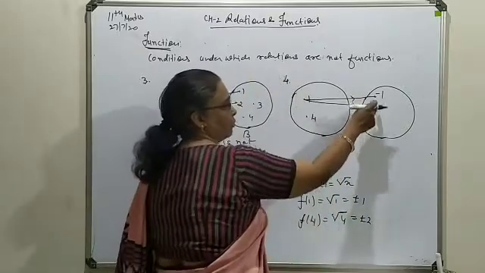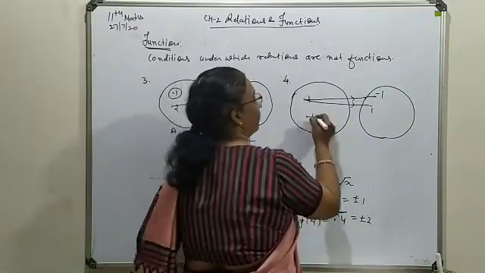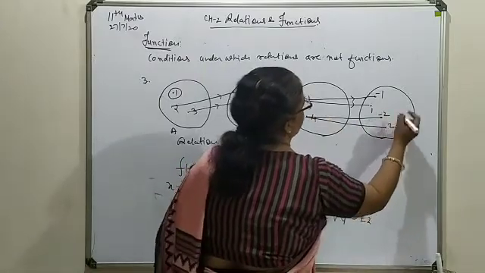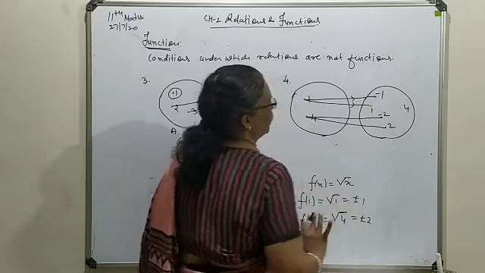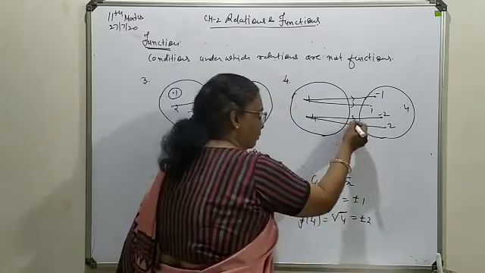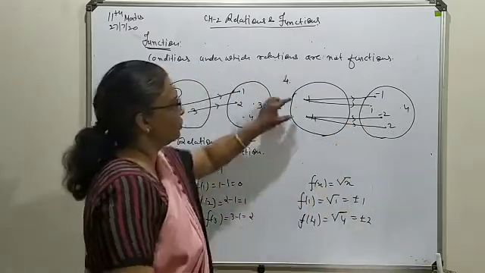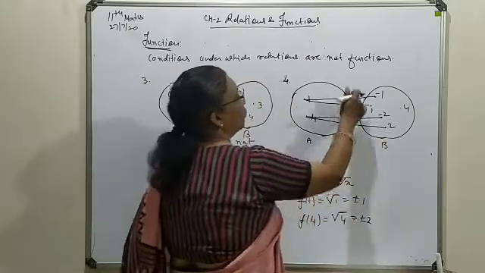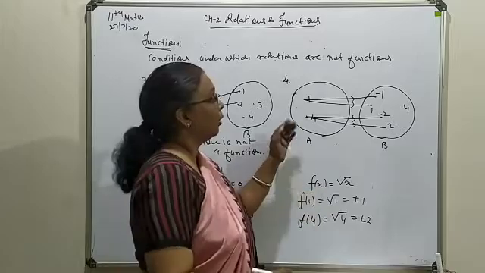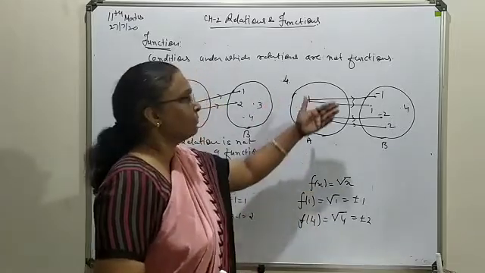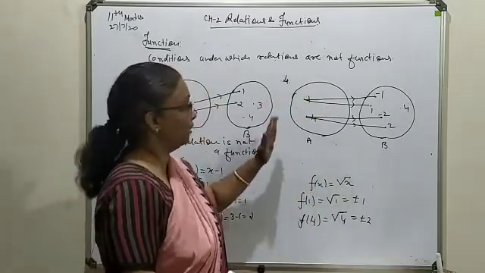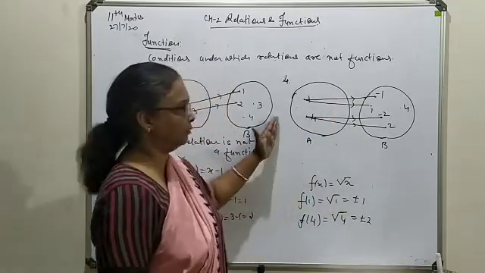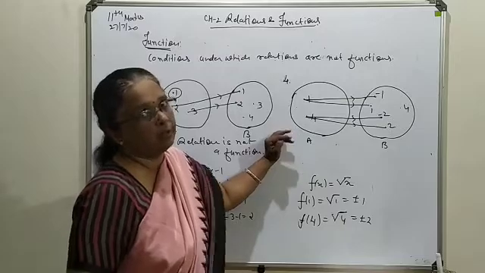So 1 is giving you 2 answers; for 4 you are going to write, again you have 2 answers, minus 2 and plus 2, and there may be more present over here. So if you have this type of correspondence in which a single element in set A gives you more than one solution or more function values in set B, this is a one-many correspondence and it is not allowed for a relation to be a function.